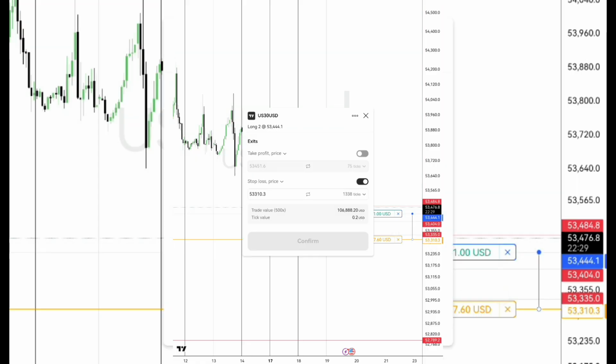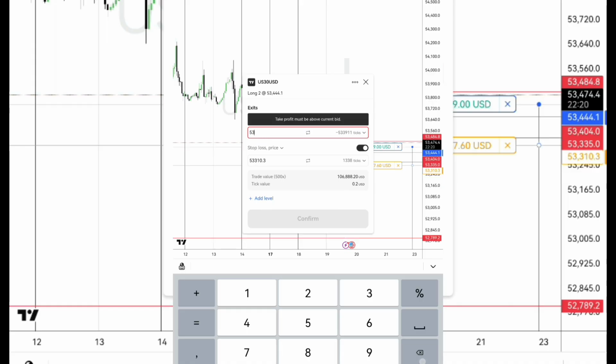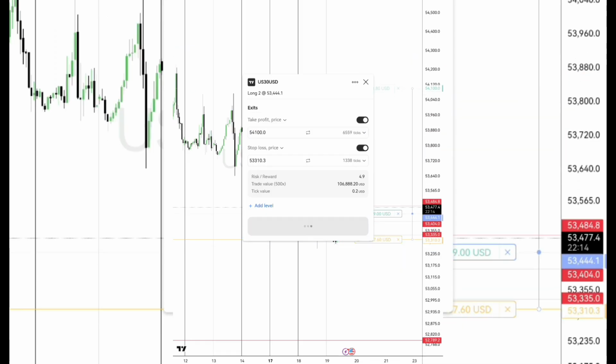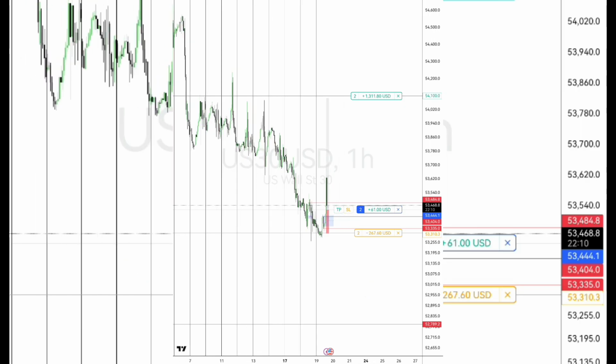Okay, why the protected high? Let me put my TP at 54,100, 54,100. Let me put my TP at that high.